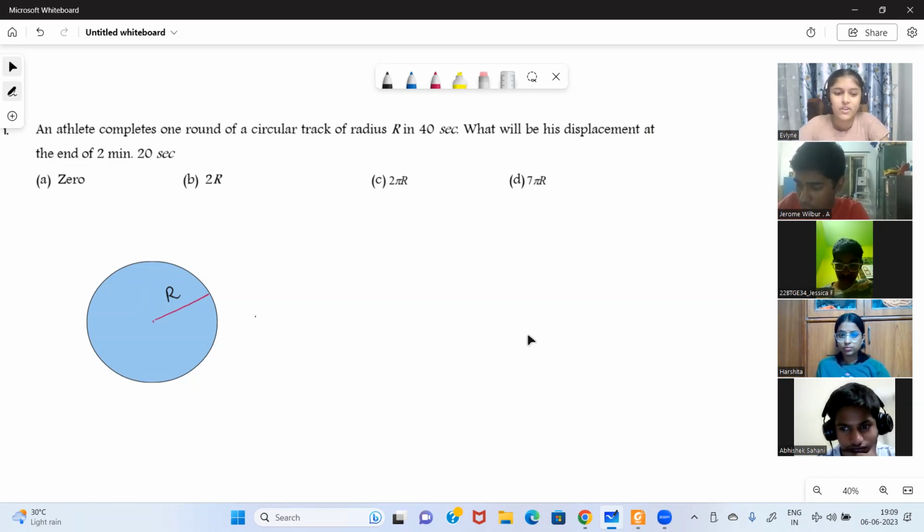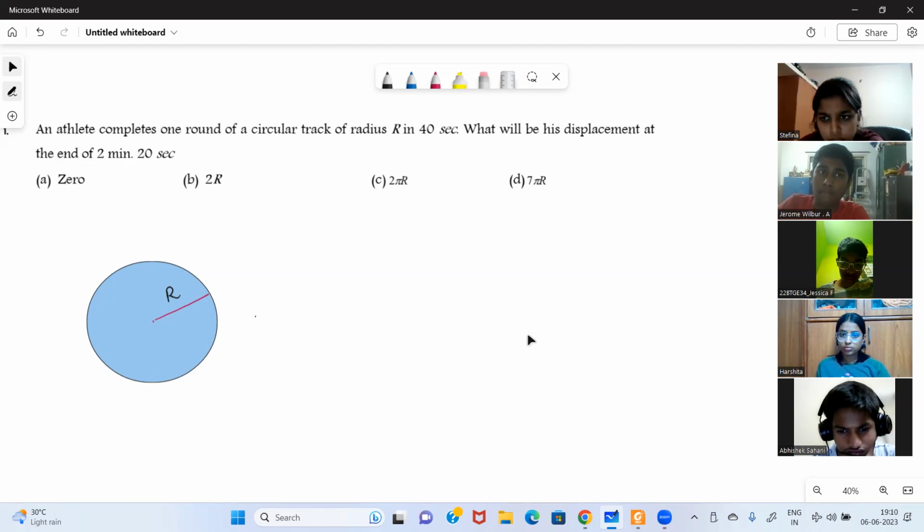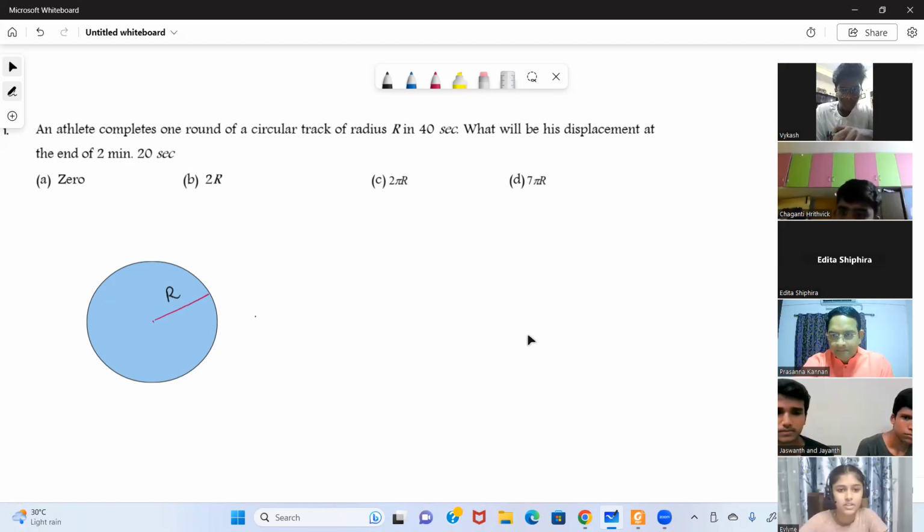Sir, at the end of 40 seconds, displacement will be 0 because he's completing one round. 2 minutes 20 seconds is 140 seconds altogether. In 120 seconds, displacement will be 0, and in the remaining 20 seconds he will complete half the circular track. So the displacement will be equal to the diameter of the circle, which is 2r. Yes, diameter. Very good. Excellent, Evelyn.